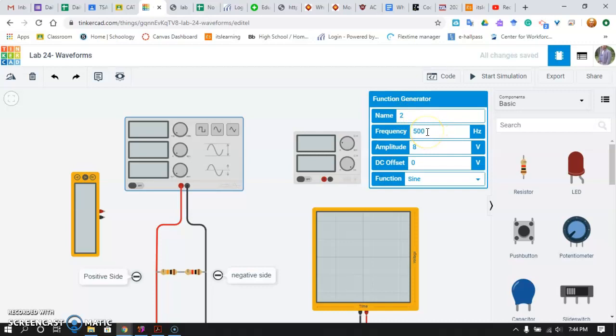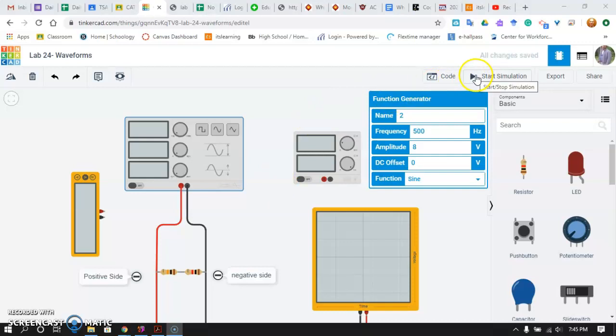We'll do that for 500 hertz. They've asked our amplitude, or our peak-to-peak voltage, that's this middle dial, to be 8 volts. And I have the DC offset at 0. That gives us that middle horizontal bar, and it splits our waveform in half. And we're going to start out looking at the sine wave as this goes across. So that's our setup. And now we're ready to start the testing process.